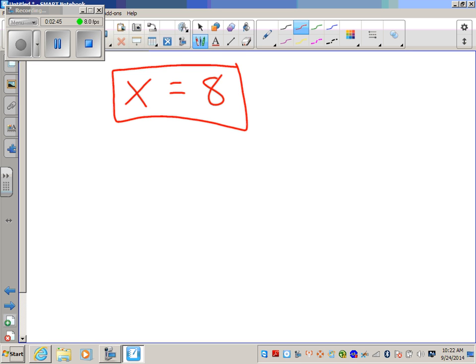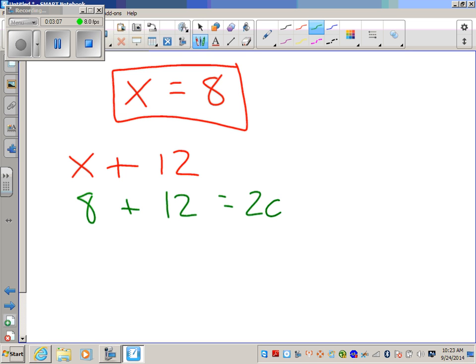And I said, okay, I want you to evaluate this expression: plug in the value that I said X was into that expression and solve it. You would say, okay, Michael says that X is equal to 8. I'm going to plug it in for X, add 12 to it, and I'll get 20. Okay?